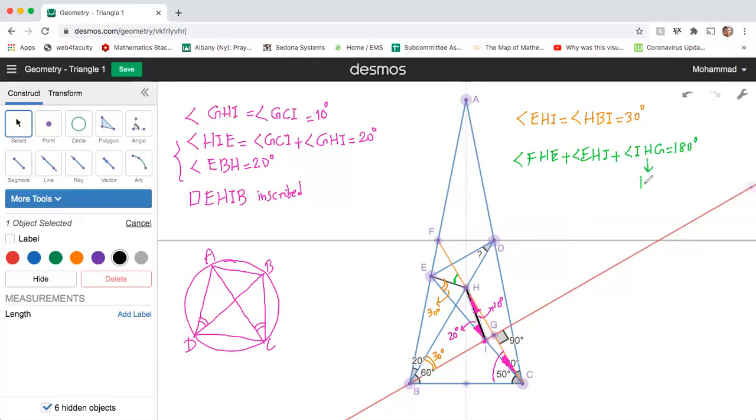This one we know is 10 degrees. This we can calculate because in this triangle EHI, we have two of the angles.